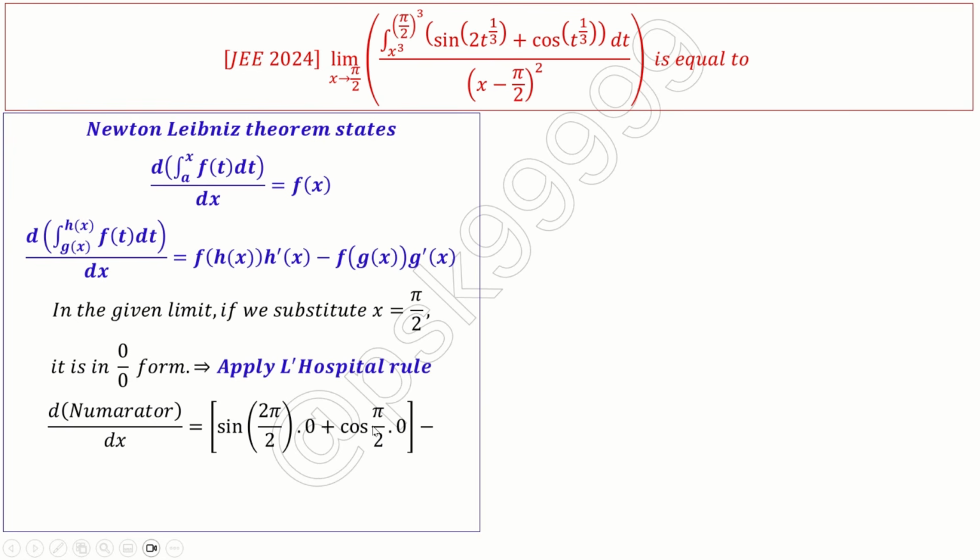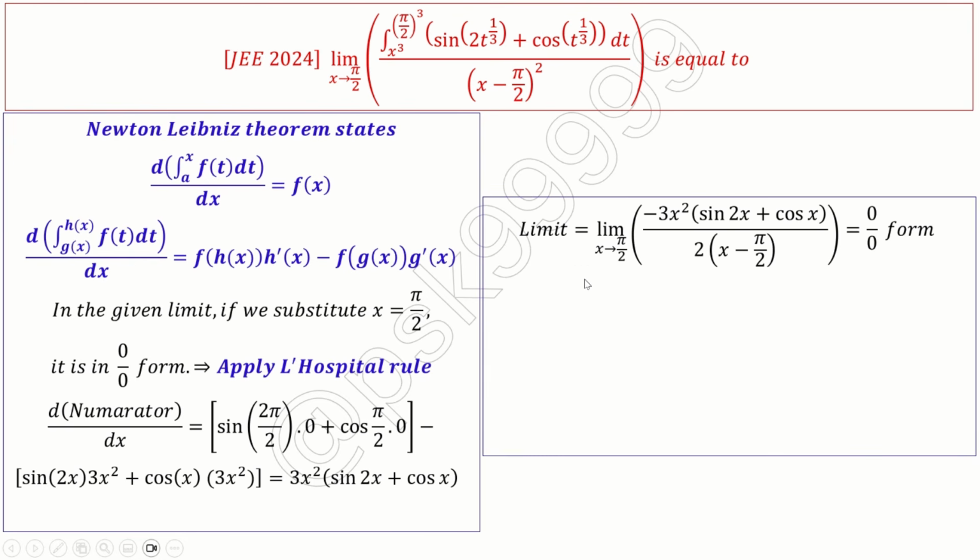Plus cos also, the differentiation of pi by 2 cube will become 0. So if I apply the limits on this one, this is 0 anyway. Minus the lower limit I am applying now. This will become sine 2x into the differentiation of x cube, which is 3x square, plus cos x and the differentiation of x cube, which is 3x square, which is 3x square times sine 2x plus cos x. So this is as simple as that.